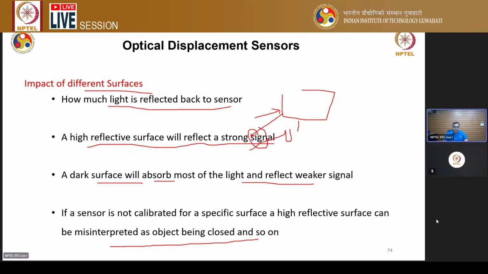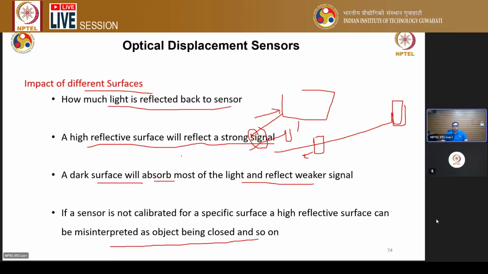Vice versa, it can consider the object to be far if the signal is weak, although the object is very near, because it is reflecting poorly.